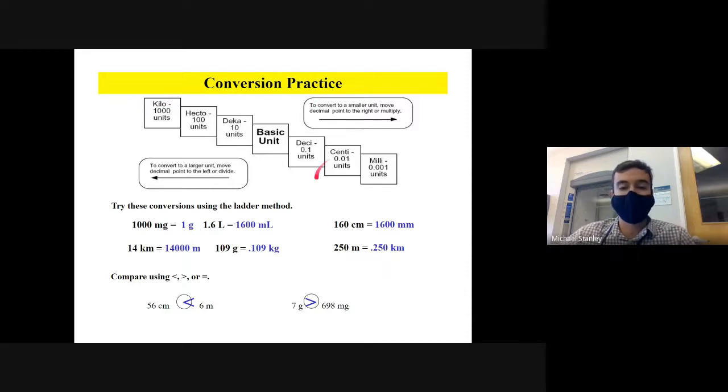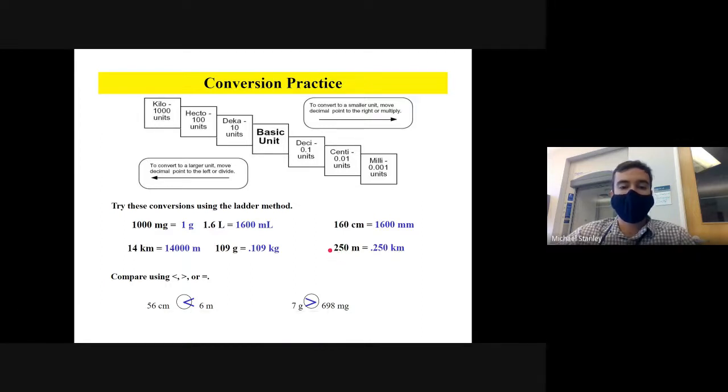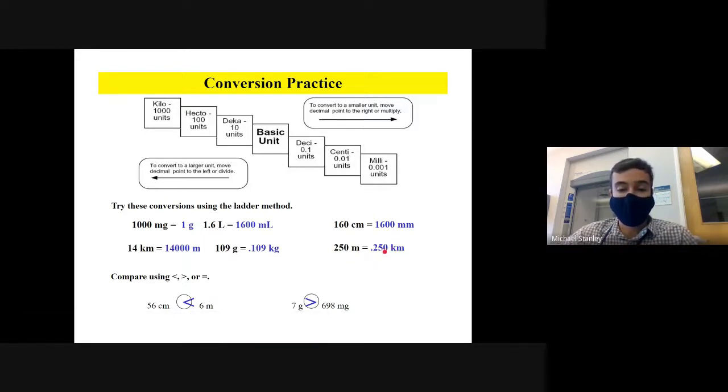So let's see what that looks like. We have a whole number here, which means that our decimal is right at the end. And then we're going to move it 1, 2, 3 jumps. So now instead of being at the end of our number, it's right at the front of our number.